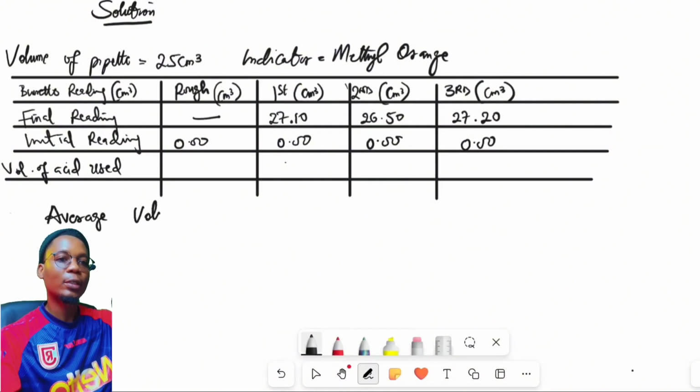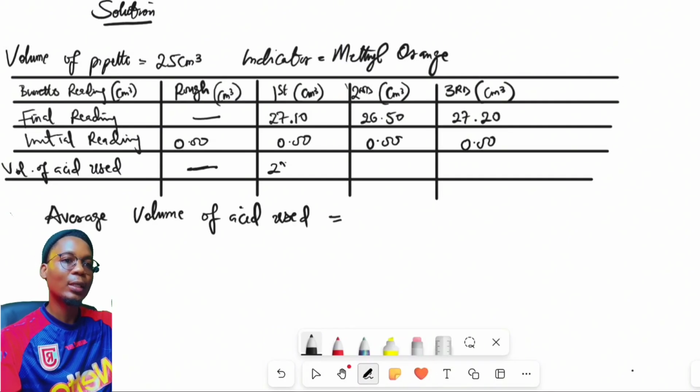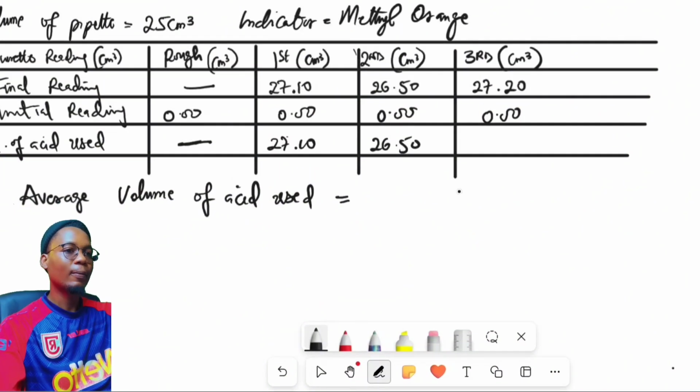So average volume of acid used. To find the average volume of acid used, remember I'm going to skip this rough. The volume of acid used here is 27.10, 26.50, and finally 27.20.